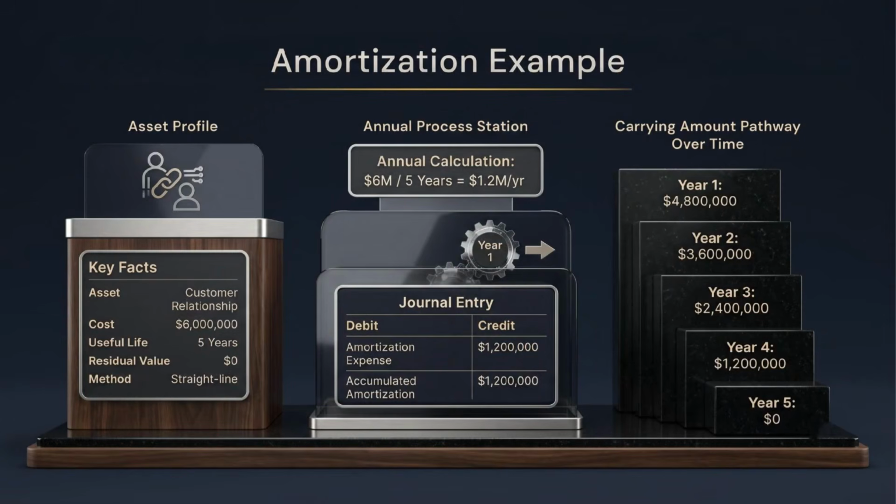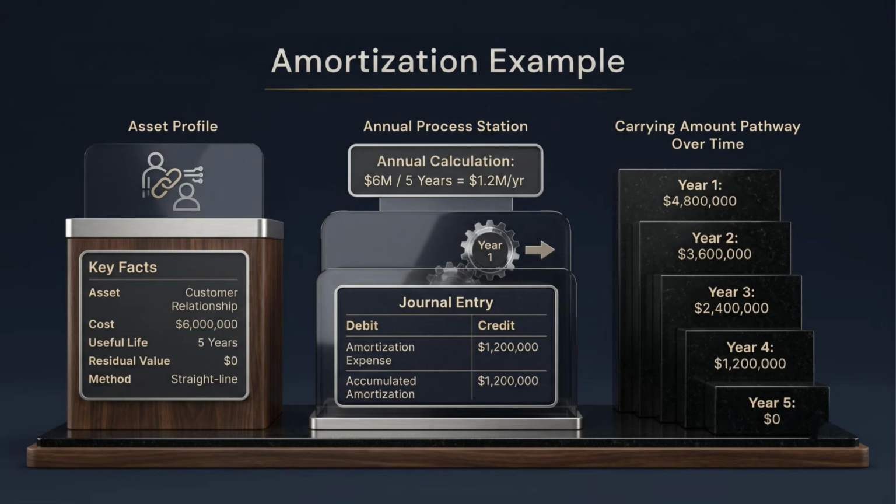A customer relationship is acquired in 2027 for $6 million. It has a useful life of 5 years, a residual value of 0, and straight line amortization. Annual amortization is $6 million divided by 5 years, which equals $1.2 million per year.